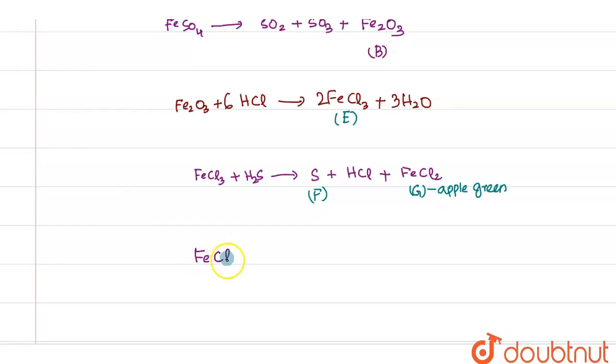E is FeCl3, and on reaction with thiocyanate ion SCN minus it gives the blood red complex, FeSCN twice. So this is compound H, the blood red colored compound. To conclude, we have found A, B, C, D, E, F, G, H.